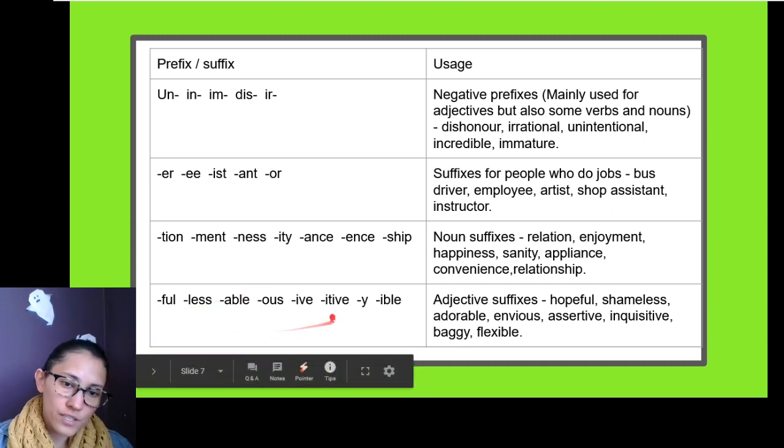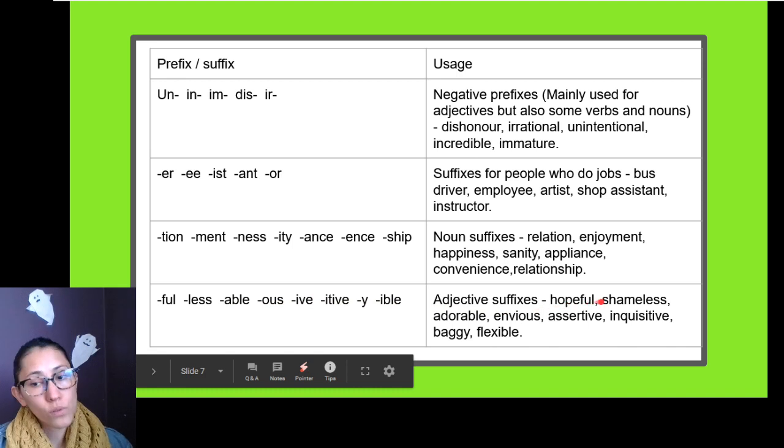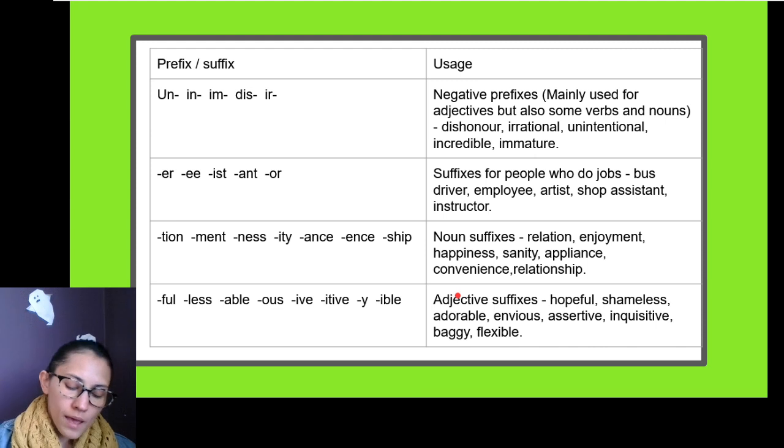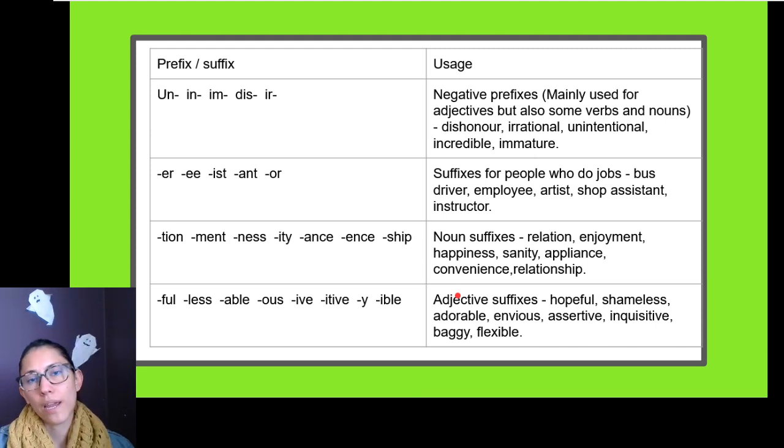And suffixes for adjectives such as hopeful, shameless, adorable, envious, assertive, inquisitive, baggy, flexible. But remember that you also have suffixes for adverbs, and -ly is not the only one. There are also suffixes and prefixes to create verbs, and plenty of others. We're going to see them little by little, but you need to start remembering these ones at least.